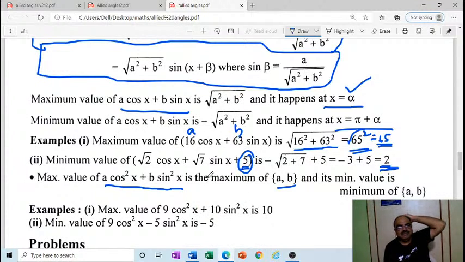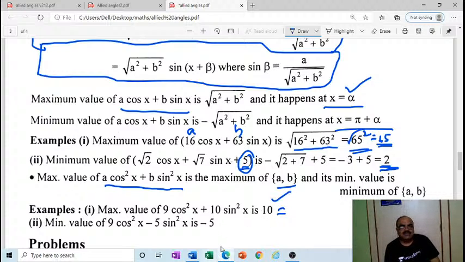The maximum value of a cos square x plus b sin square x is the maximum of a comma b, and its minimum value is the minimum of a comma b. So the maximum value of this is the maximum of these two. What is the maximum of 9 and 10?